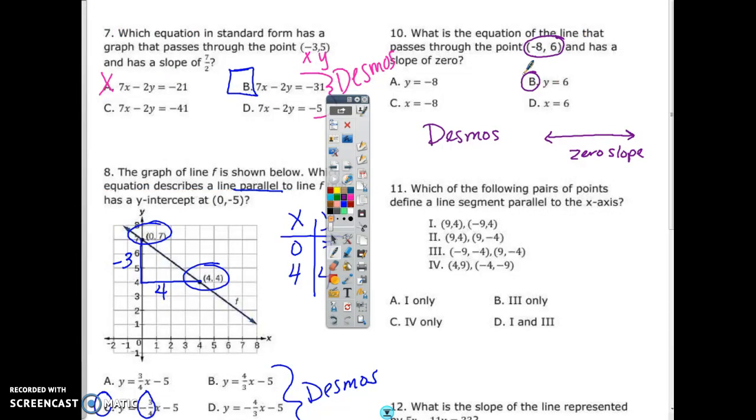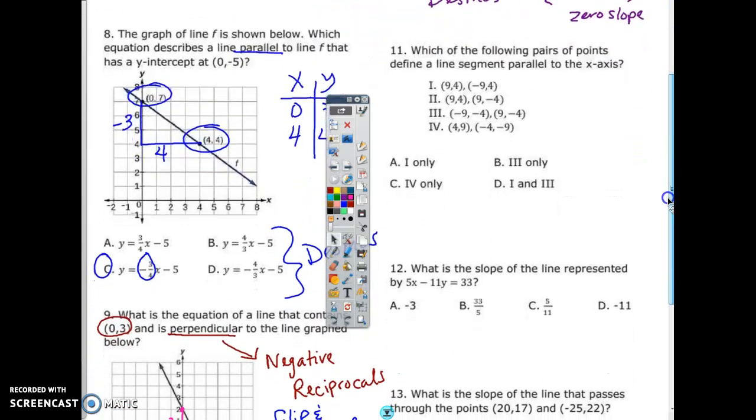Problem number 11 says, which of the following pair of points define a line segment parallel to the x-axis? Well, what does the x-axis look like? Like this, right? This is the x-axis. So if it needs to be parallel, then it needs to look like that.